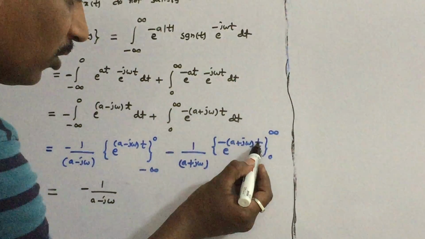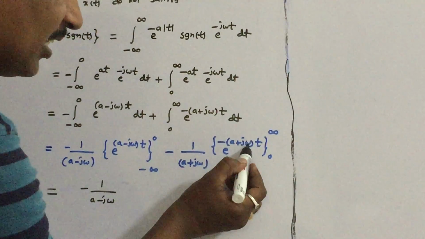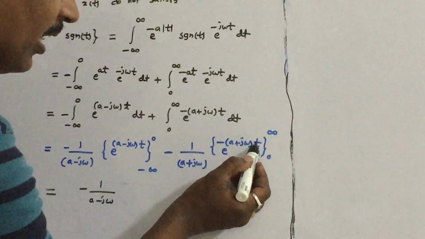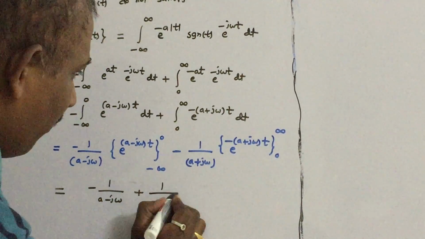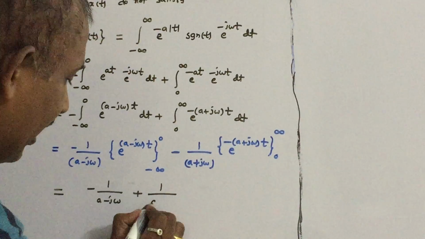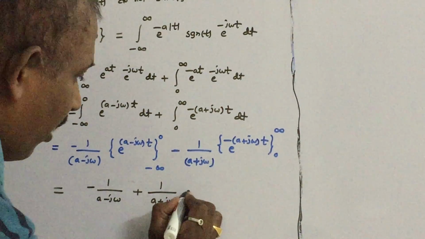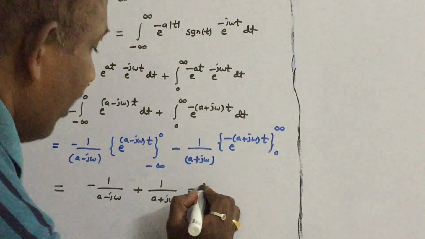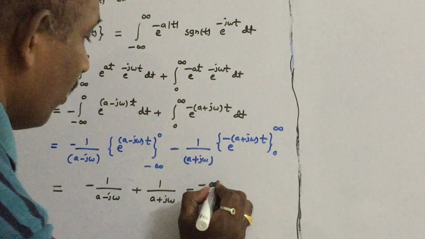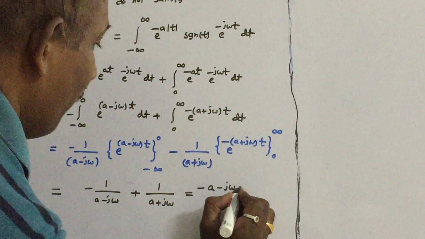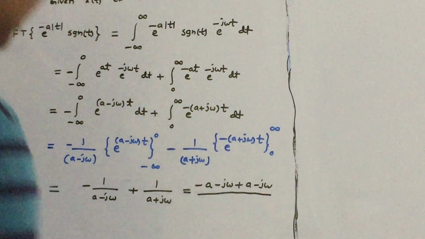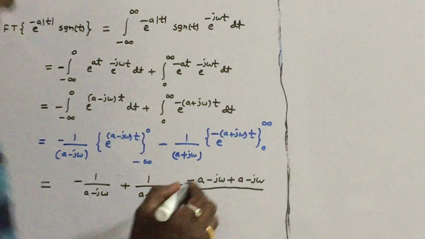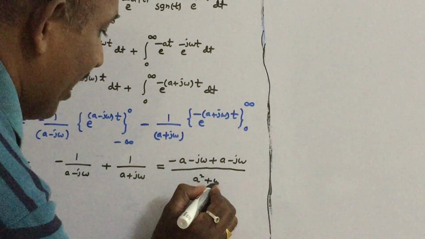If we substitute the upper limit, e power minus infinity is 0. If you substitute the lower limit, e power 0 is 1, minus into minus is plus. So it will come out as minus 1 by a minus j omega, plus 1 by a plus j omega. If you take the LCM, it will become minus a minus j omega plus a minus j omega, by a plus j omega into a minus j omega, which is a square plus omega square.